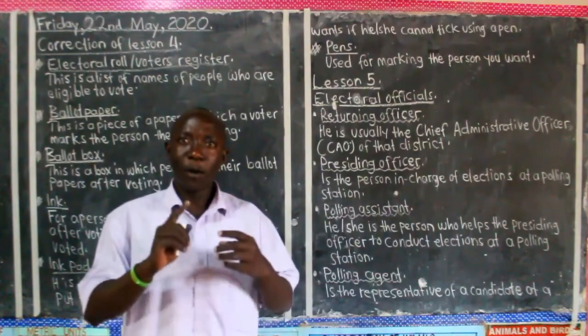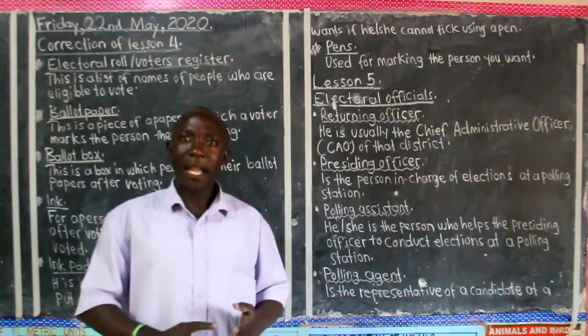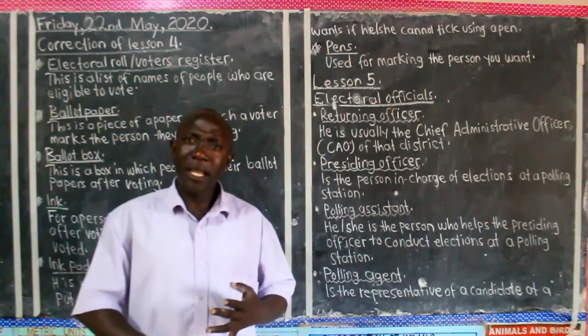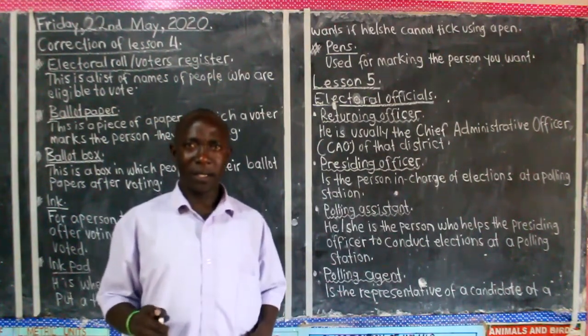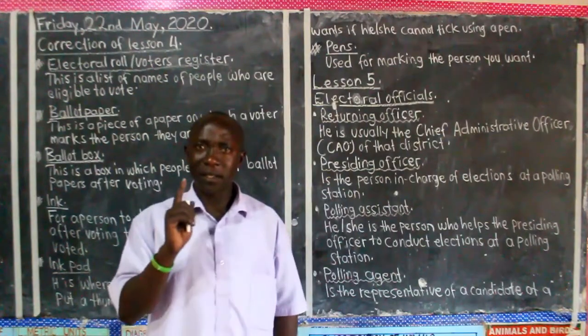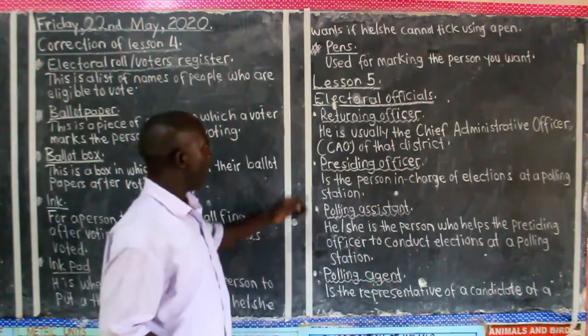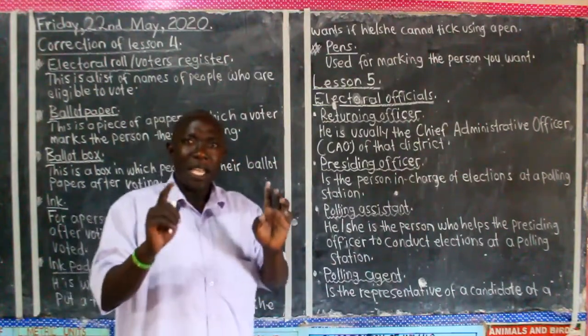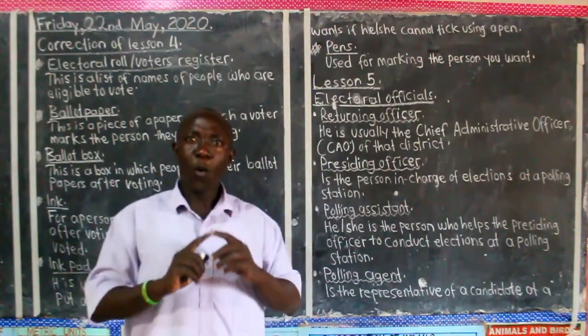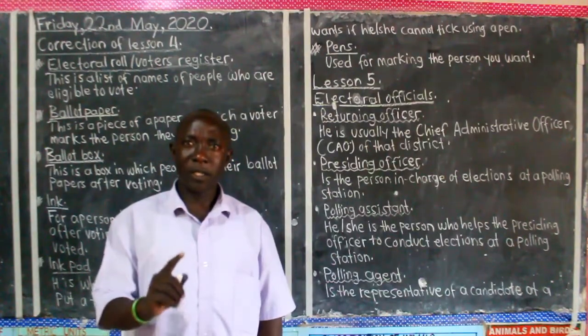Everything is going on well, during and after elections in that voting district. That is the role of the returning officer. He or she makes sure that everything goes on well as far as elections is concerned.